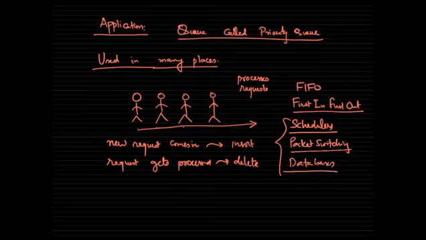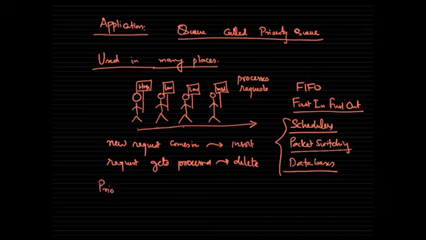Now, one variant of the FIFO queue is that not everything is created equal. So some of them may be high priority and some of them may be low priority, and some of them may be medium priority. So you may have priority levels for each task.